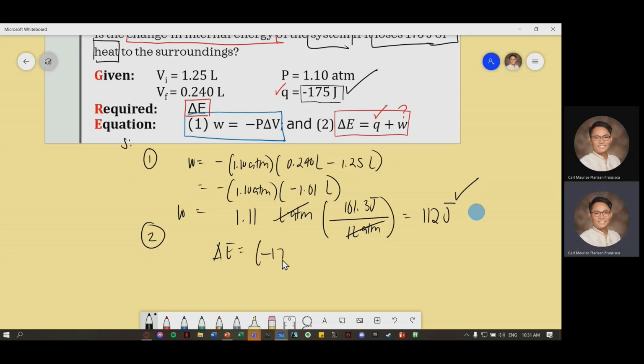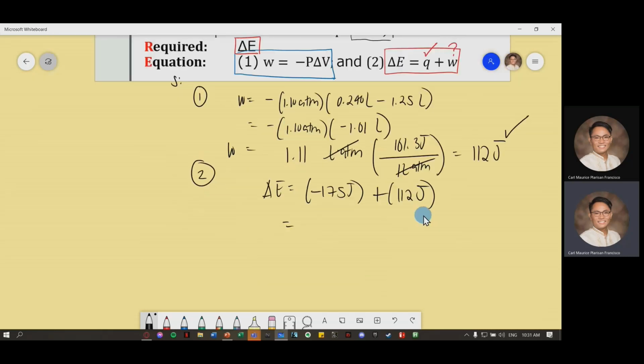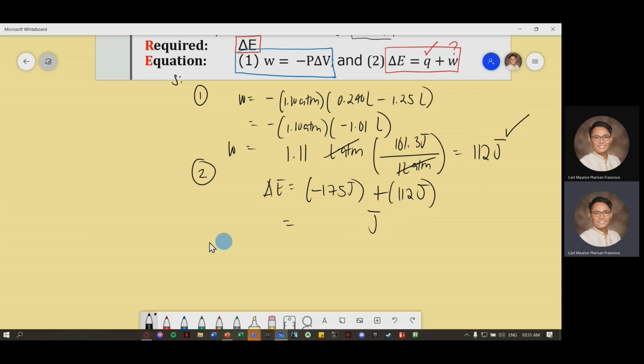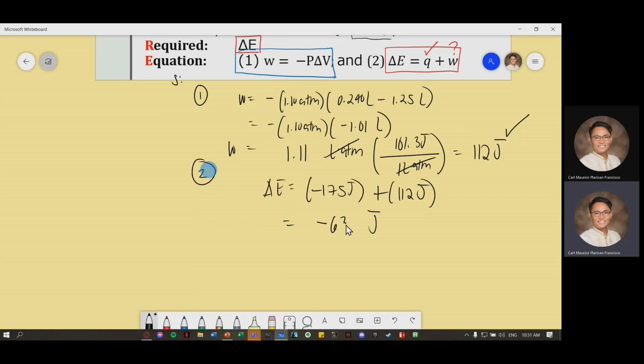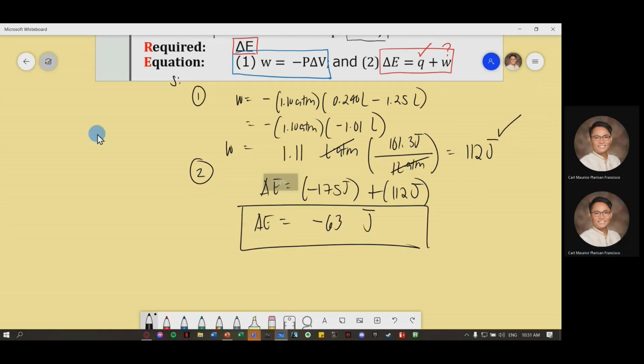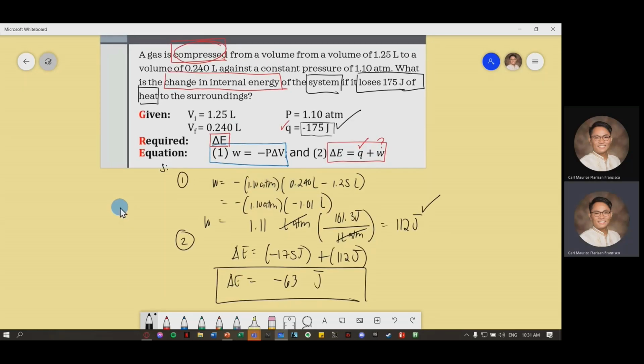So heat is negative 175 joules plus 112 joules of work. Okay, so the resulting unit would be joules. Input this in the calculator. Negative 175, sorry about that, it's negative 175 plus 112. You have negative 63 joules of internal energy. This is our final answer.